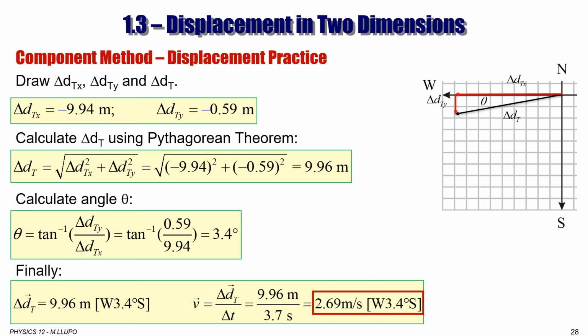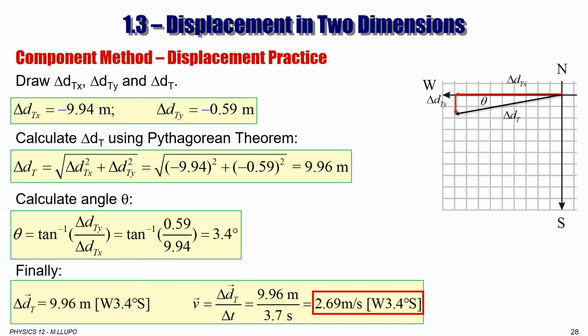Obviously, that's why this method is more accurate. And you can add as many vectors as you want. The same as a scale graph diagram, you can add as many vectors as you want. The only thing is that this method is more accurate.